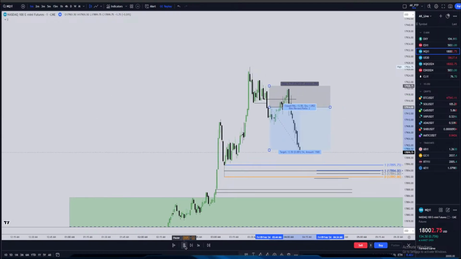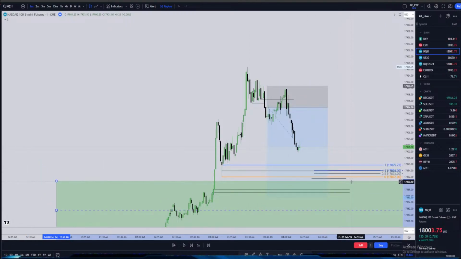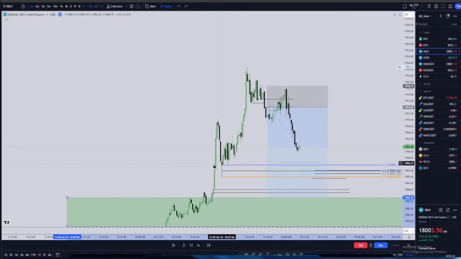But did it give you the profit? 1 to 2? Yes. Even if you had closed some partial and targeted this low, or even the hourly fair value, you have to have an area from where the market can reverse. Either the hourly fair value, or this fair value that the market previously respected, or below that there is this small little fair value, whatever.